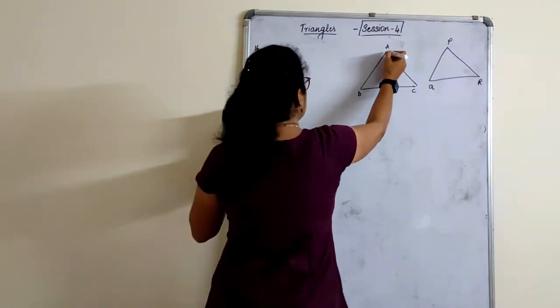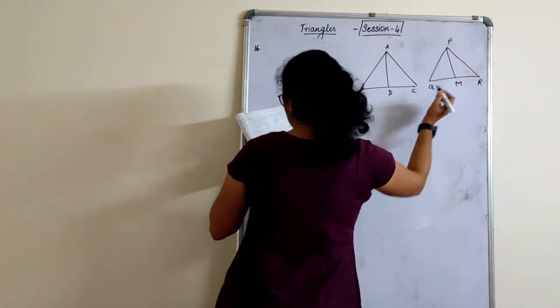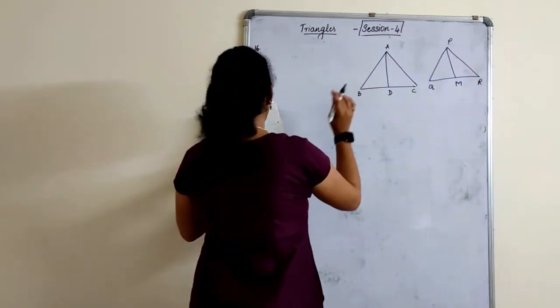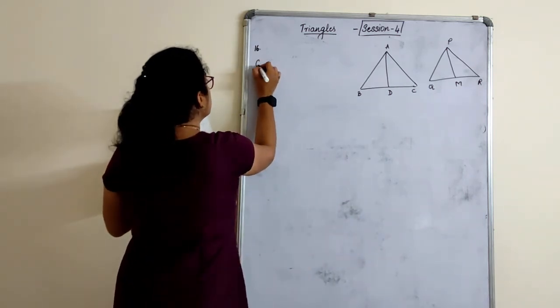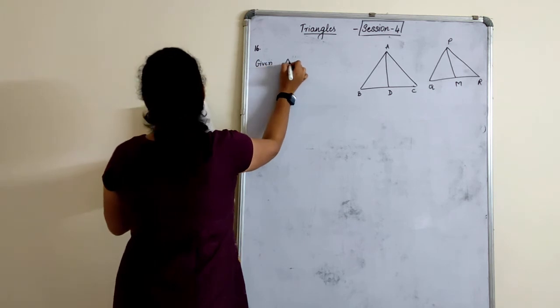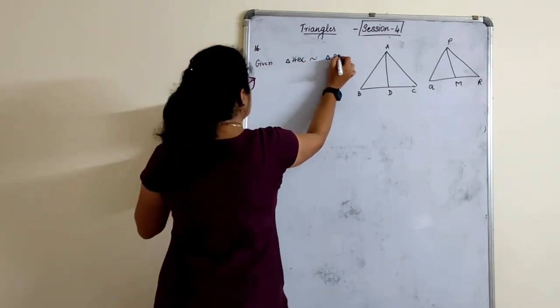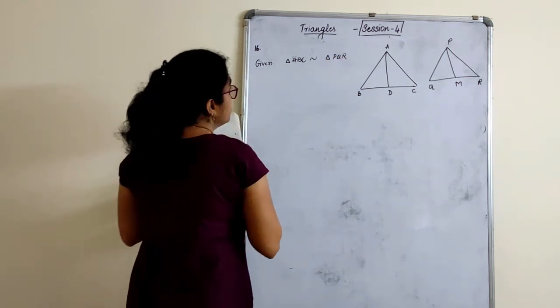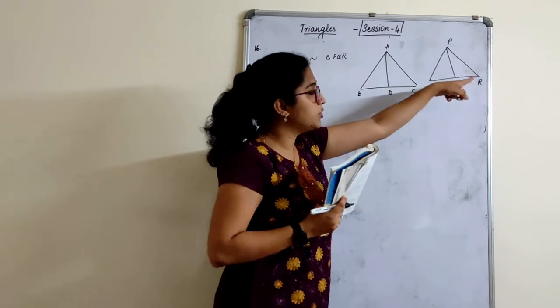If AD and PM are the medians of triangle ABC and PQR respectively, where triangle ABC is similar to triangle PQR, right?